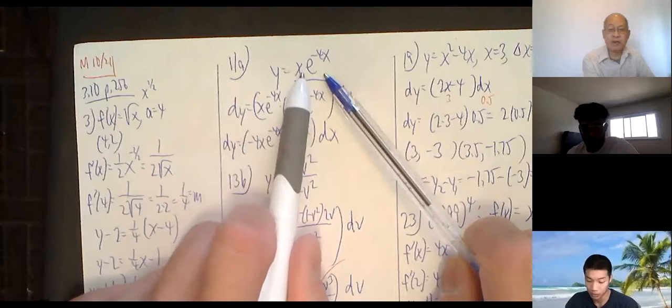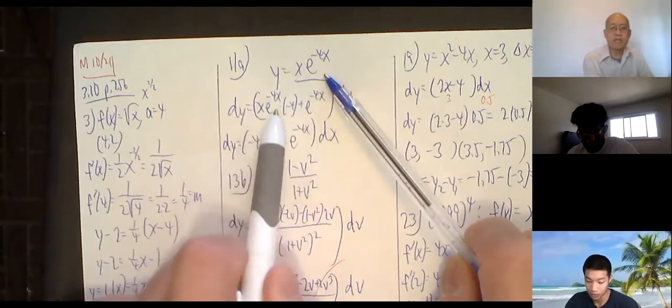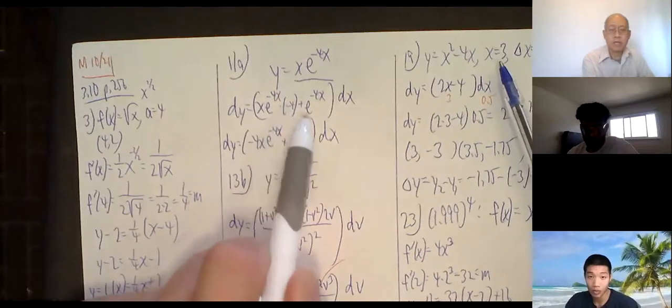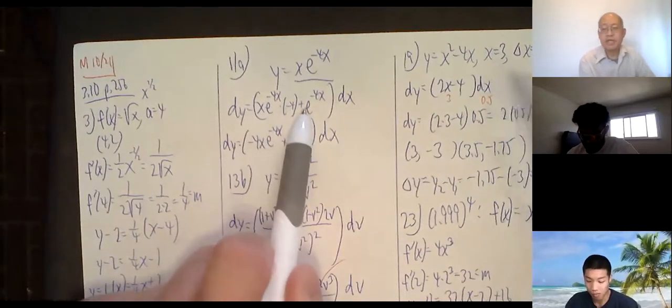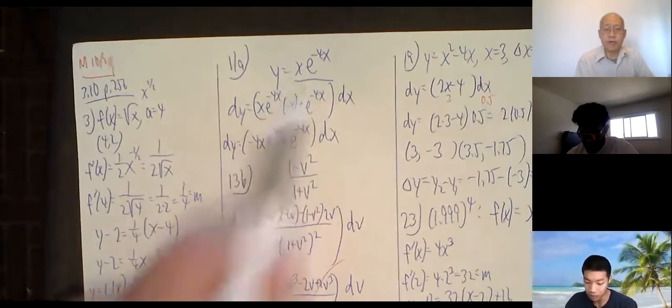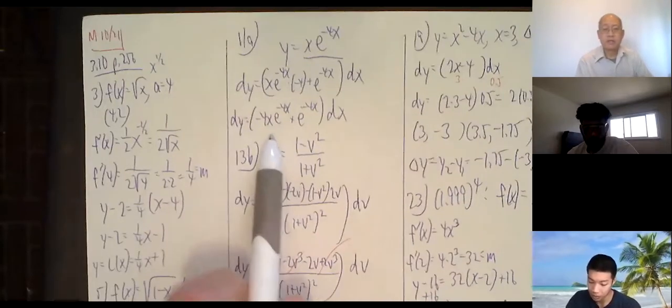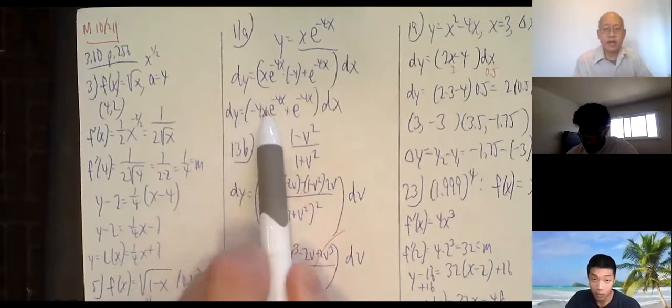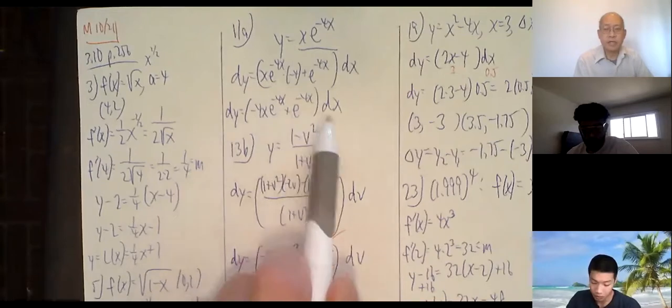The derivative of e to the negative 4x is e to the negative 4x times negative 4, chain rule. Plus the second function, e to the negative 4x, times the derivative of the first. The derivative of x is just 1. So a little bit of touch up: dy is equal to negative 4x e to the negative 4x plus e to the negative 4x, dx.